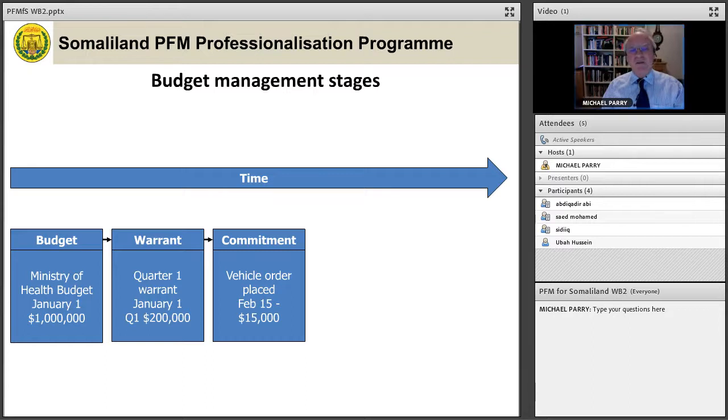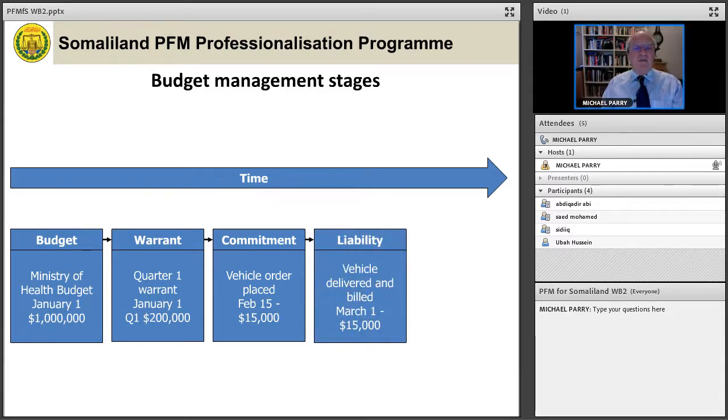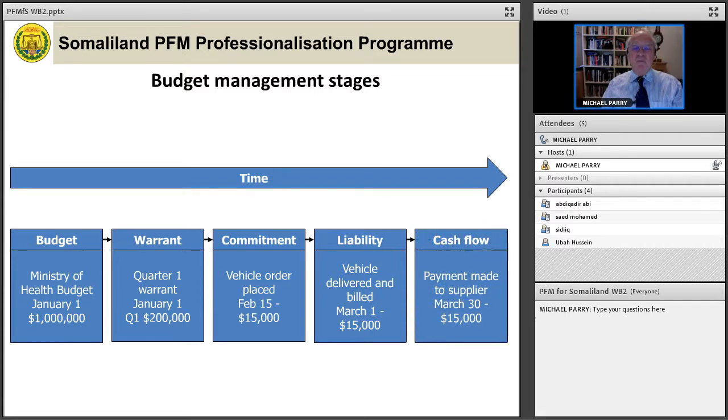That's a commitment. It's committed the funds, not spent them as yet, it doesn't receive the vehicle. There's no liability, but it has committed to spending that money. The vehicle's delivered and billed on the 1st of March. That now becomes an actual liability. The Ministry of Health now owes that money to the supplier, who is finally paid on the 30th of March.